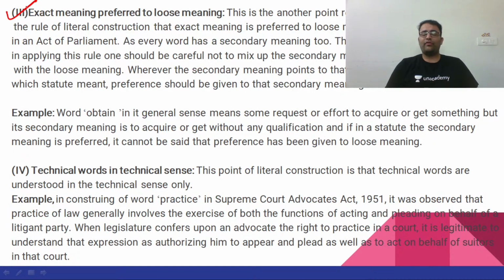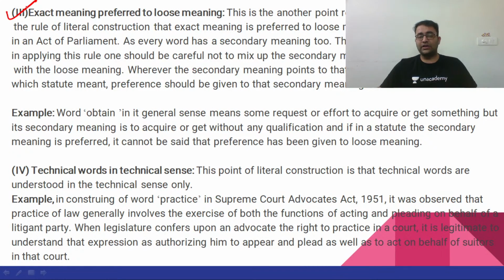Okay, so the rule of literal construction means that you should look at the exact meaning of a word and not rely on its loose meaning, but on a little bit more. So whenever that exact interpretation or meaning of the word gives meaning to the statute, then that should be preferred.